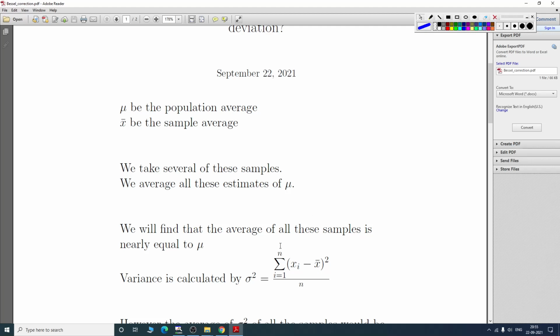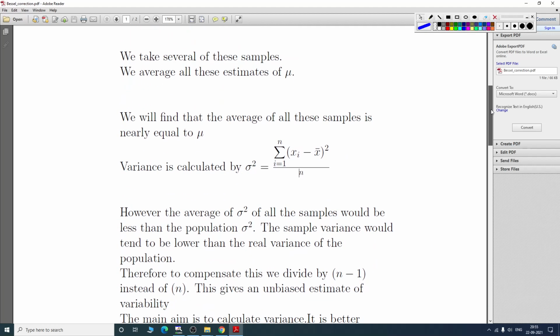If we compute the variance of these samples, it is given by the sum of (xi minus x bar) squared divided by n. Now what is happening here is that the average of the sample variances is less than the population variance, sigma square.